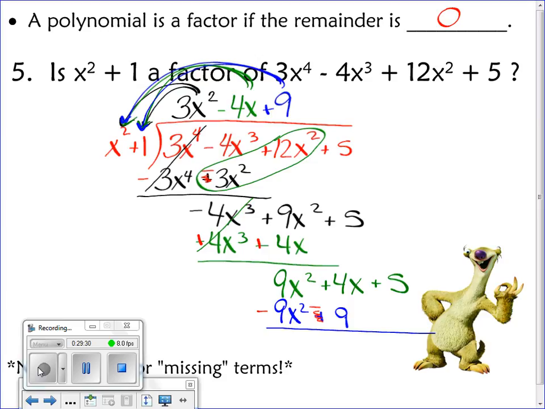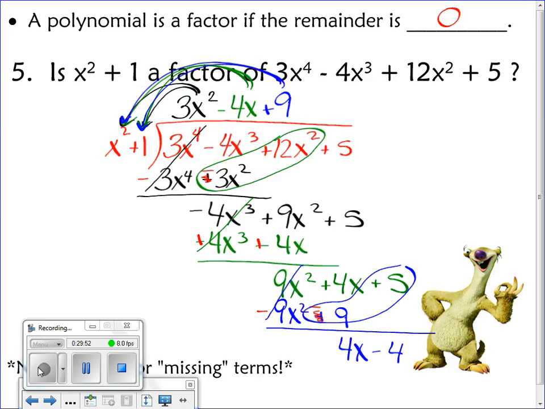First terms. 4x minus 4. Good, because those are like terms. They didn't line up. Can I keep going or am I done? How do I know I'm done? Yeah, I can't make an x squared turn into a 4x. It just ain't happening.